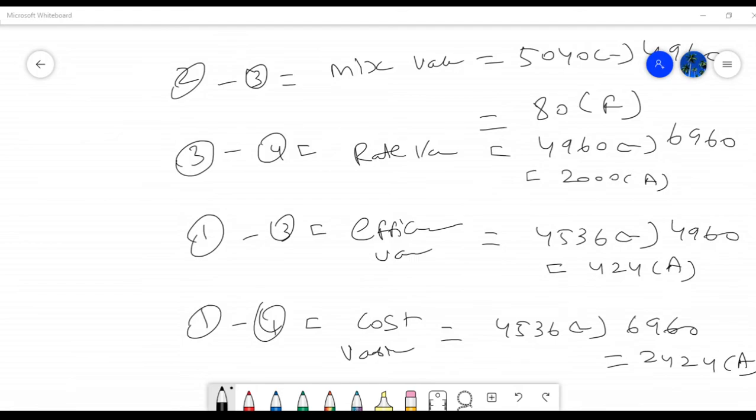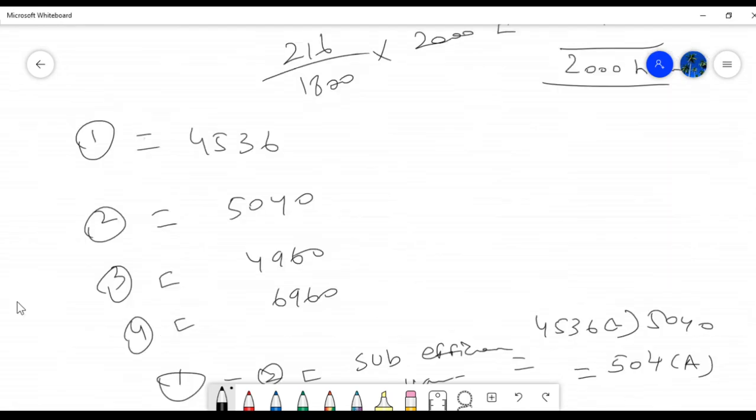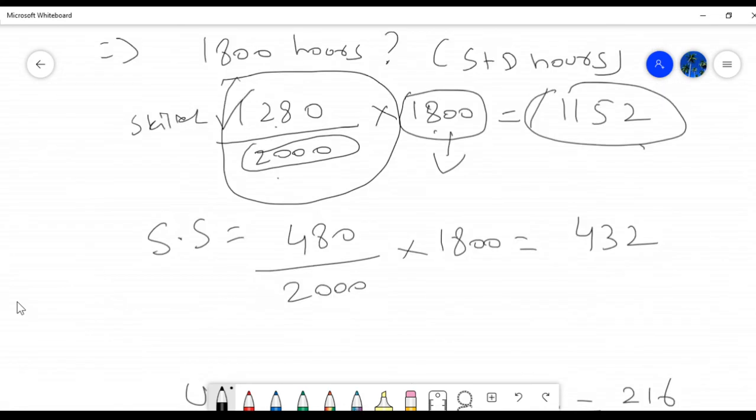Just go through the workings. Before that, just go through the workings on time. So the problem starts from here.